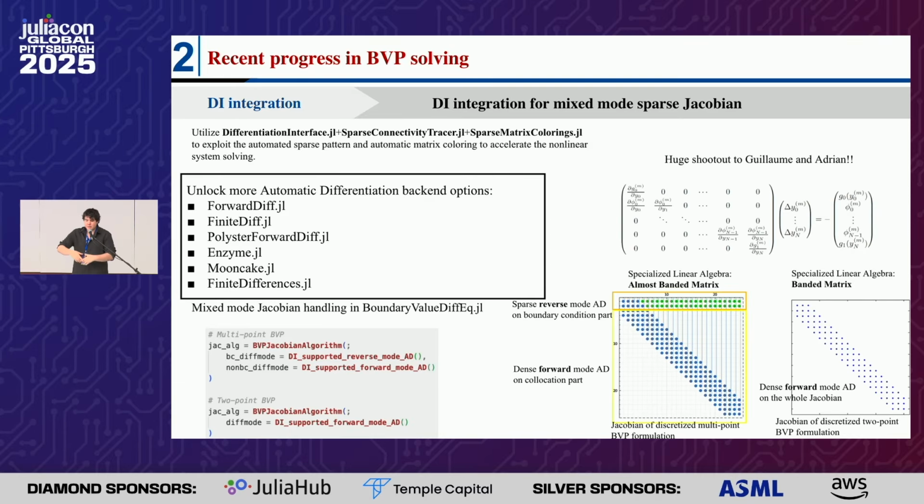And based off of the tableau that you're choosing, you'll have some kind of banded pattern, right? Because u of 2 is related to u of 1 and u of 3, through the two different equations. And u of 3 is related to u of 2 and u of 4. And so that banded pattern is actually what you're seeing here. So from the equations that you have for the collocation part, you have a banded matrix.